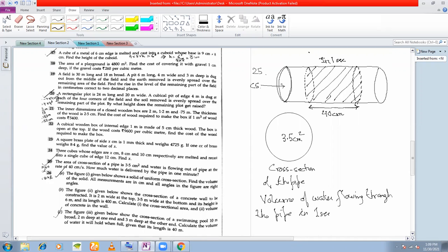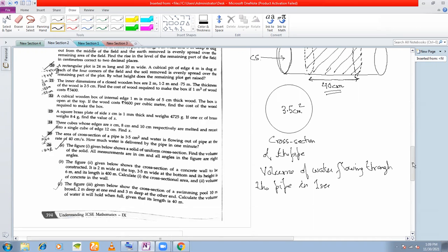Let's say this is the direction of flow. So in 1 second, the water is traveling from this column till this column. And what is the distance the water is traveling? 40 centimeters, right?